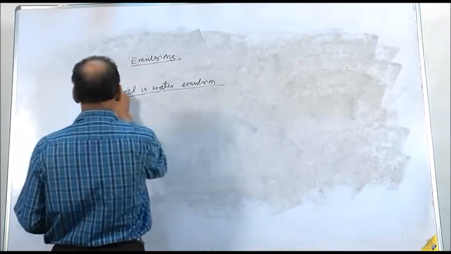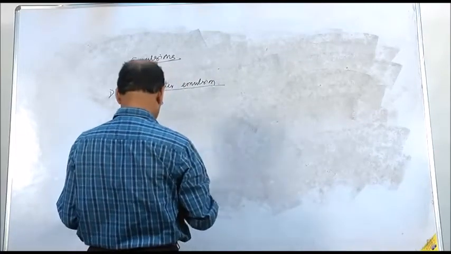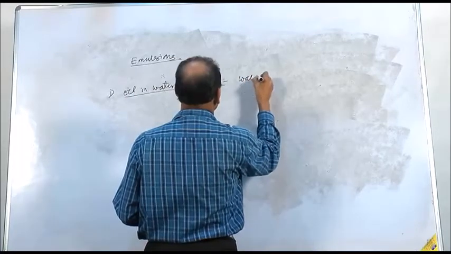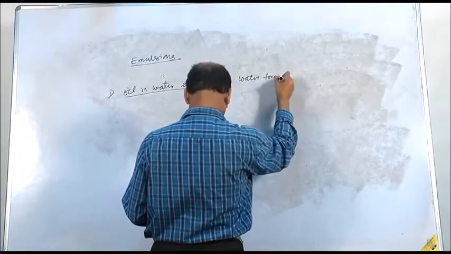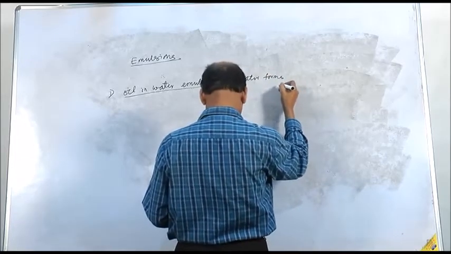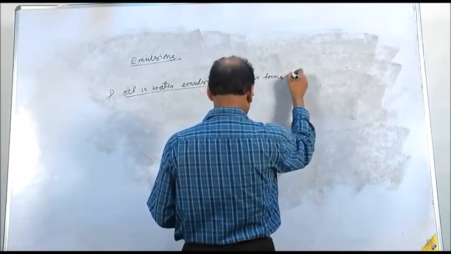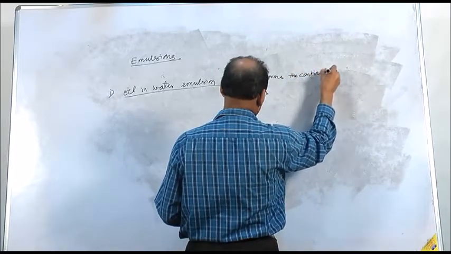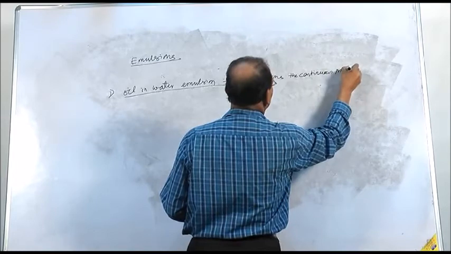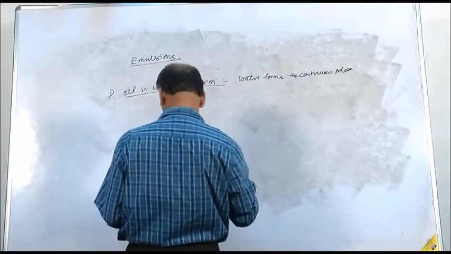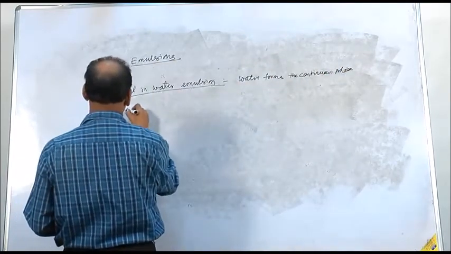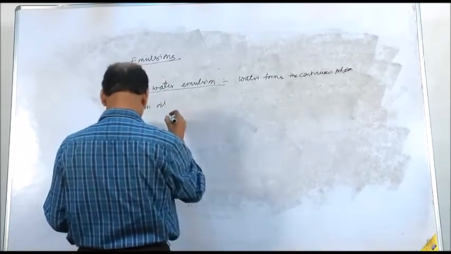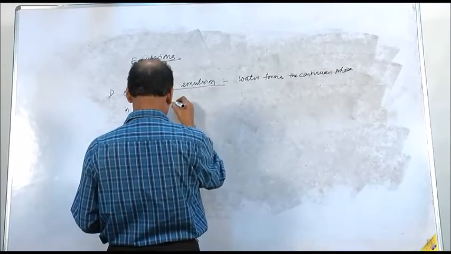In this case, water forms the continuous phase, in which oil is the dispersed phase.